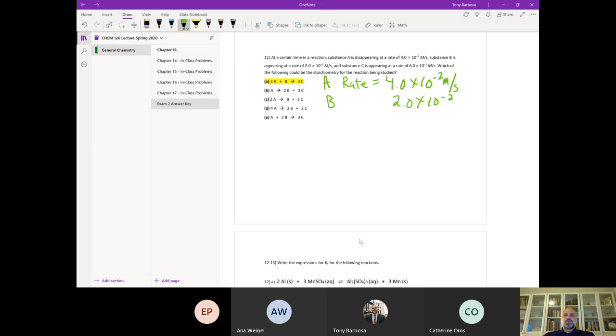This one was worded really similarly to another problem that we did. I can't remember which one. This was rates.